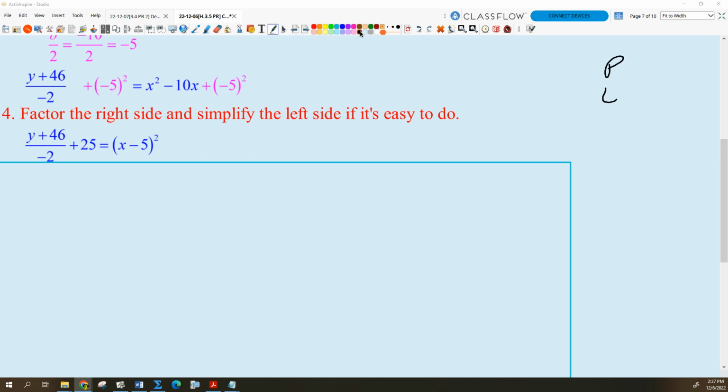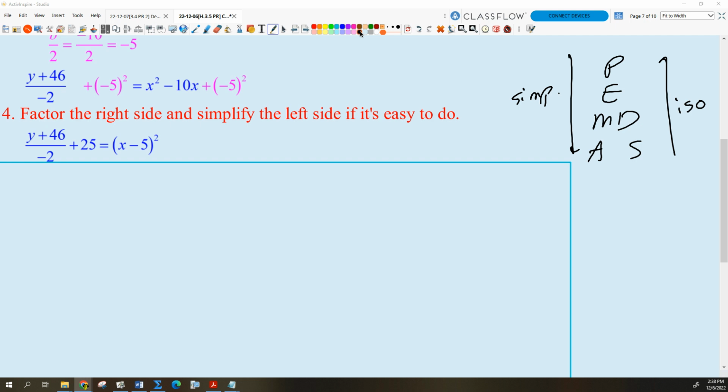With the order of operations tree, we always said that we go top to bottom when we're simplifying, and we go bottom to top when we're isolating. Well, what are we trying to do now? We're trying to isolate the y. So what do we do first? We're going to add or subtract outside of parentheses.